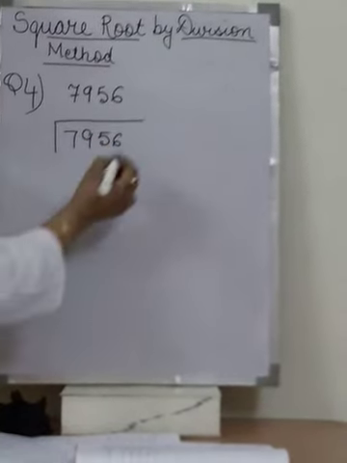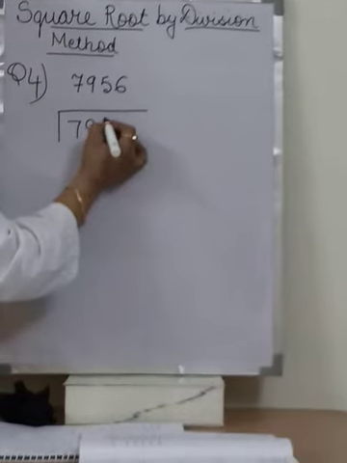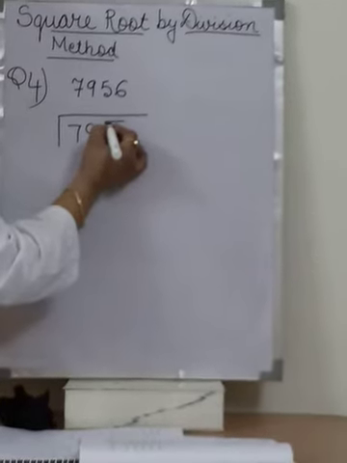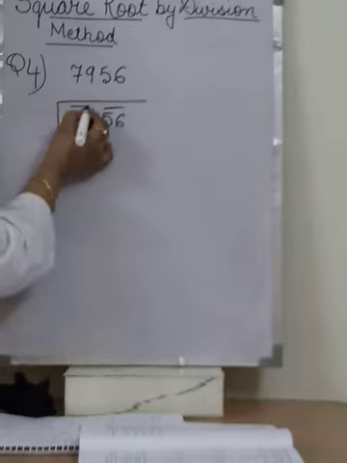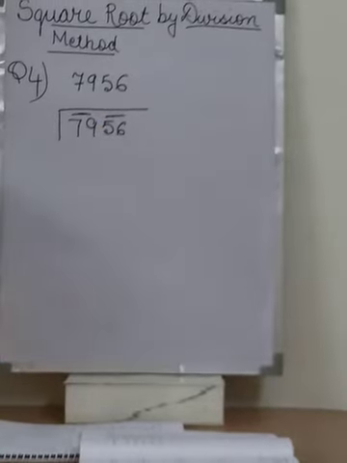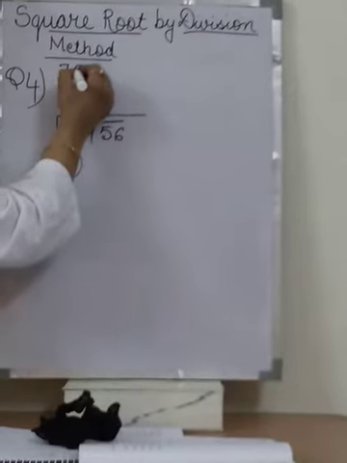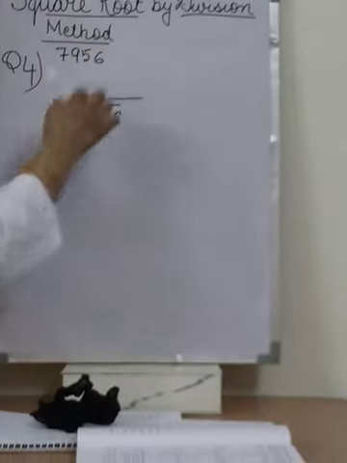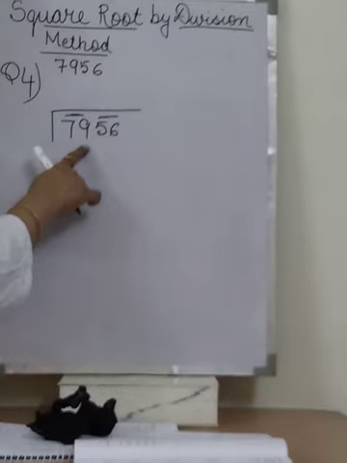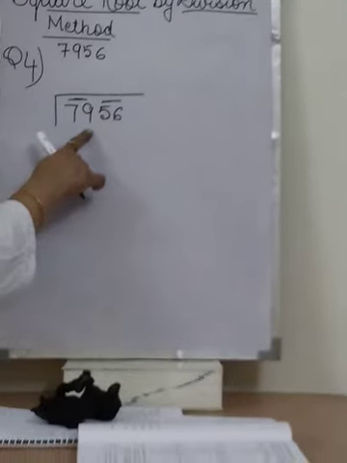To find the square root, firstly we make pairs starting from the right side. So this is the first pair, this is the second pair. Now we divide it by perfect square numbers. 7 7s are 49, 8 8s are 64, 9 9s are 81.